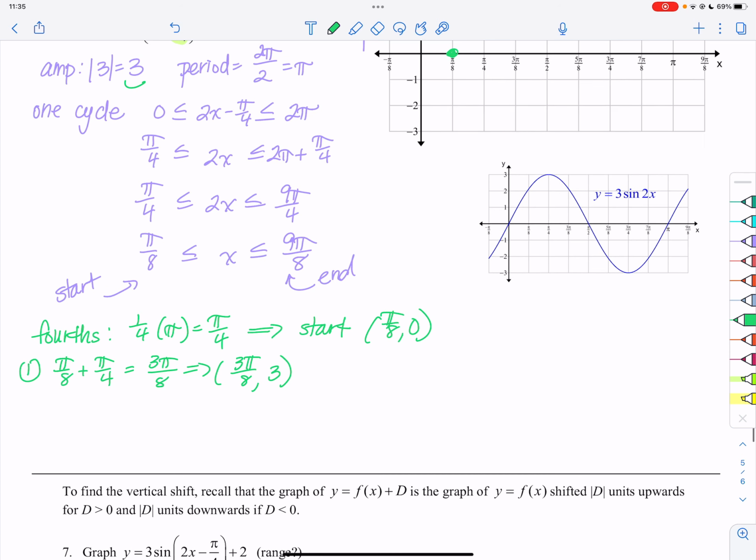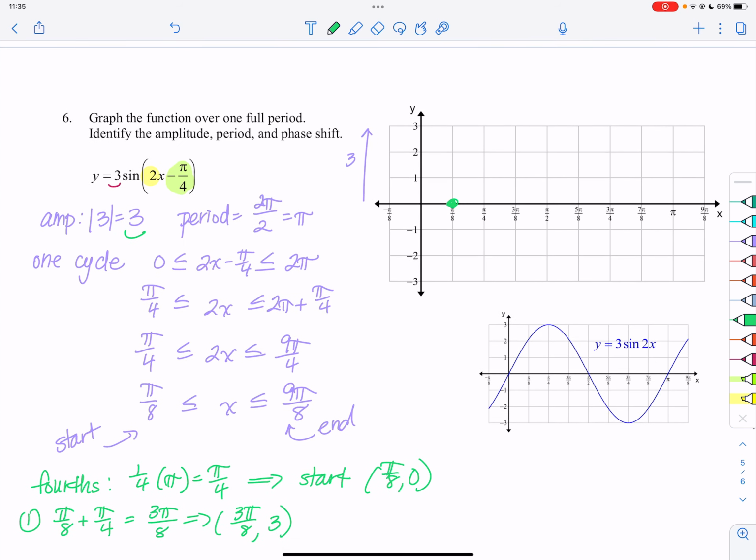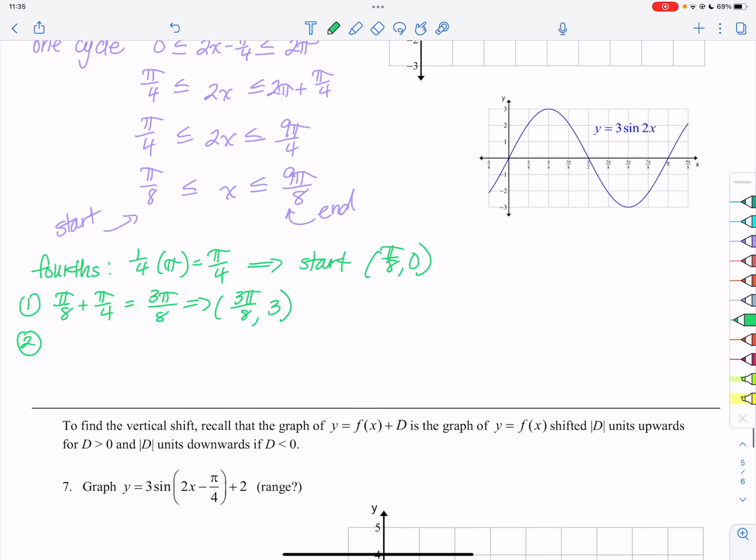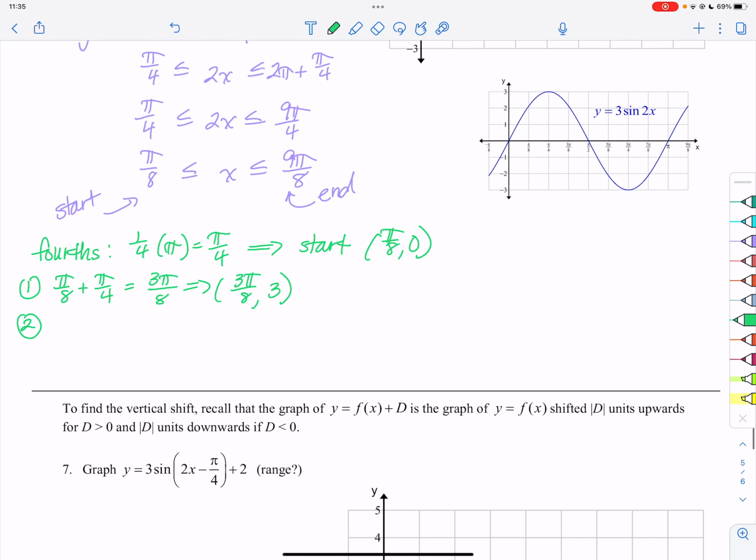So that's 3 pi over 8, 3. Okay, let's go to our second point. Where we were before, we're going to start at pi over 8, but now we're going to add 2 pi over 4s, and that gives us 5 pi over 8, and now we have 5 pi over 8, 0.